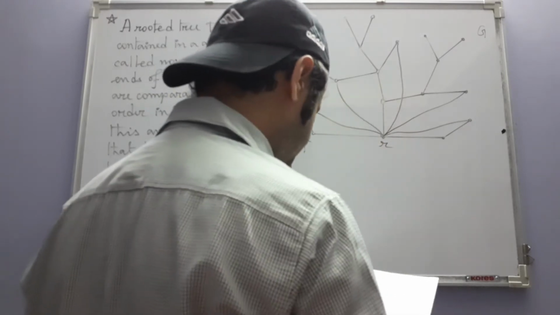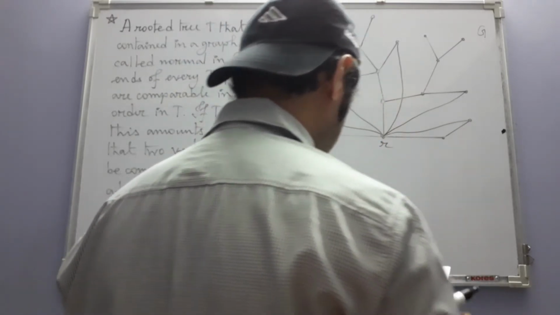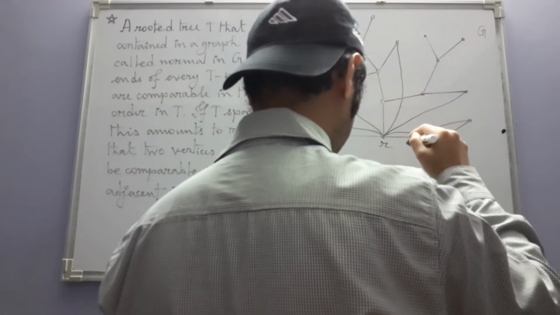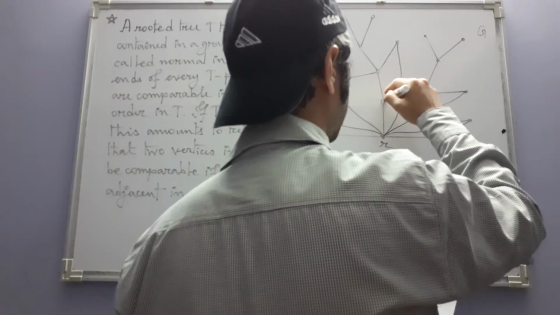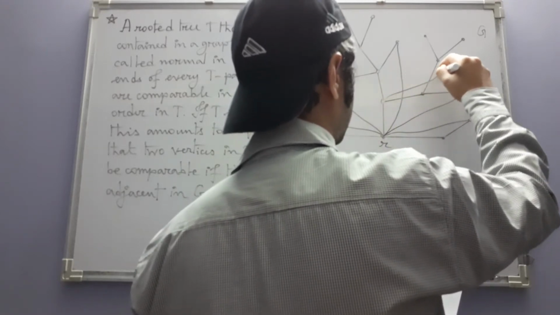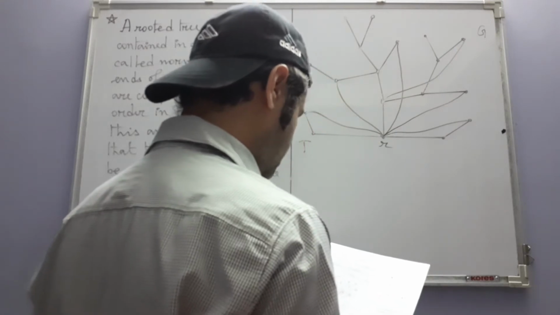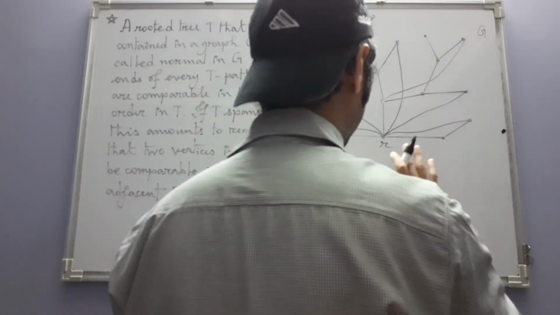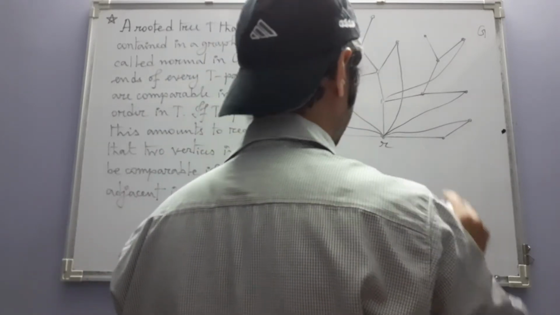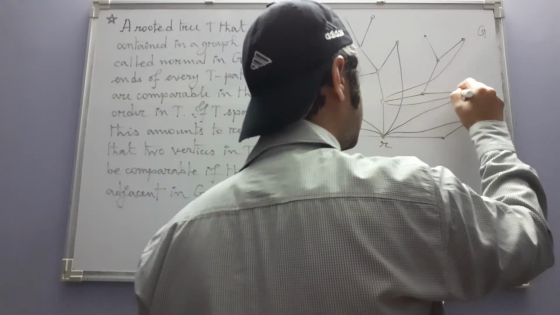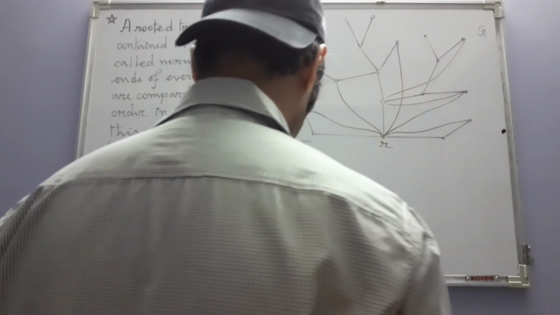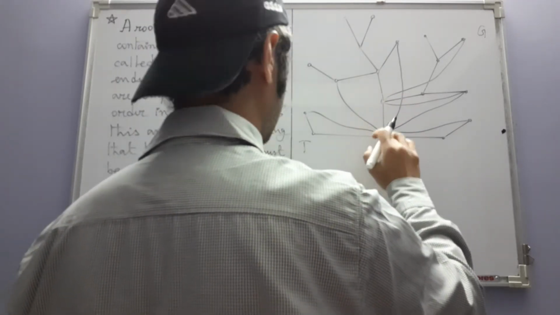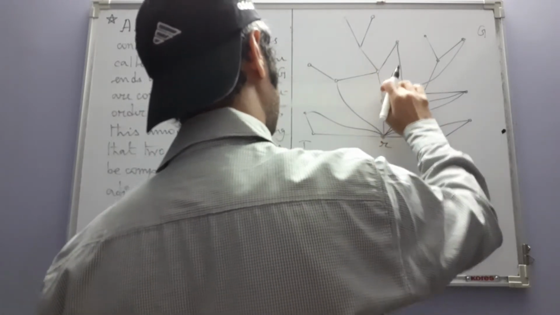Now we come to this one. Okay, so first of all, the entire thing is somewhat confusing. These two are adjacent. Oh, I have drawn it in this way. It does not matter. And this is also adjacent to this. What else? Okay, so just like this edge, there is another like this.